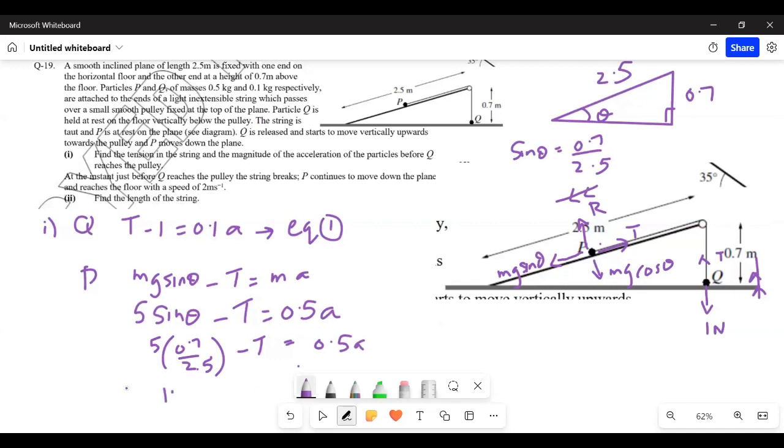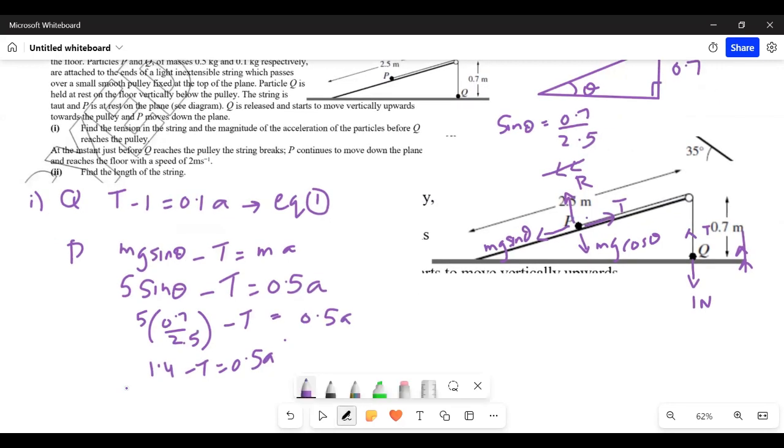Simplify this, we get 1.4 minus T is equal to 0.5a. This is the second equation. Solve these two equations simultaneously to get the value of T and a. T should come out to be 1.07 and a should come out to be 2 by 3. Can you please check?